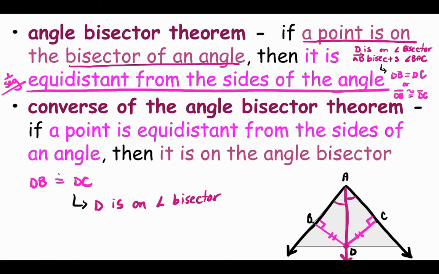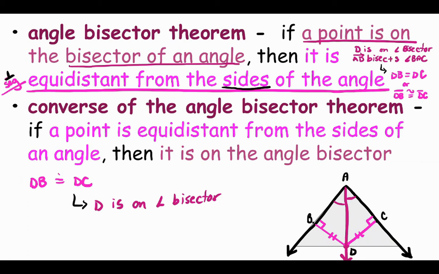And it turns out that any point that is on this angle bisector is equidistant from the sides. And remember, when we're measuring distance to sides, which are segments, we're going to have to use those perpendicular measurements. So those equidistant pieces are the perpendicular measurements from our point on the bisector to the sides of the angle.